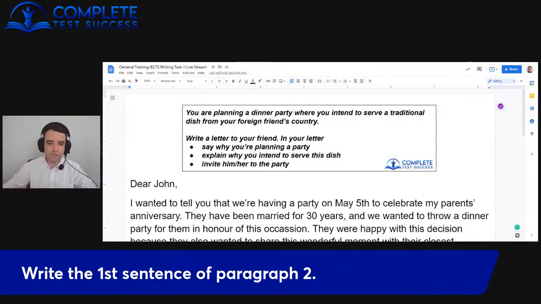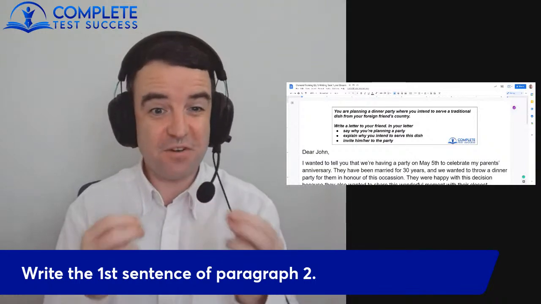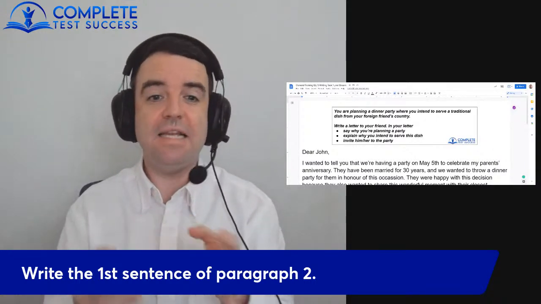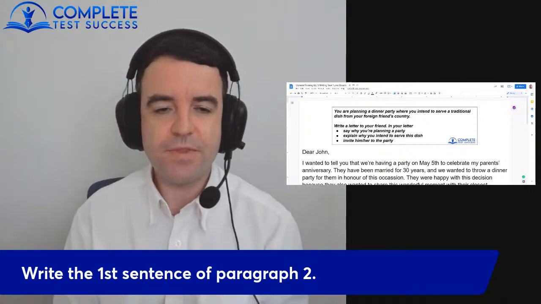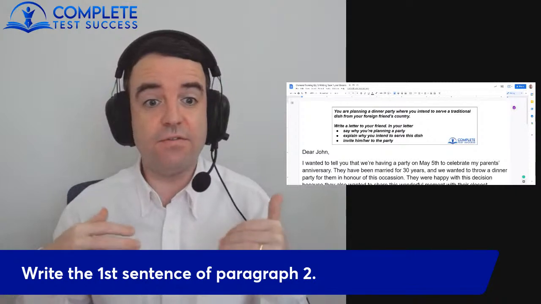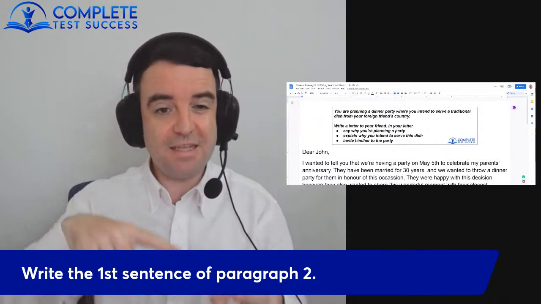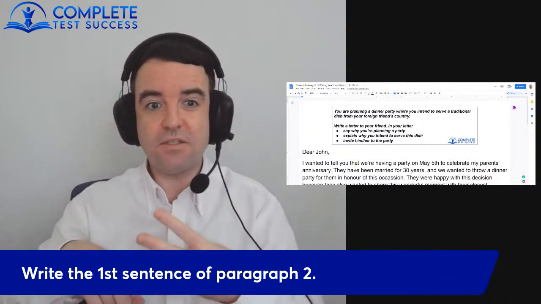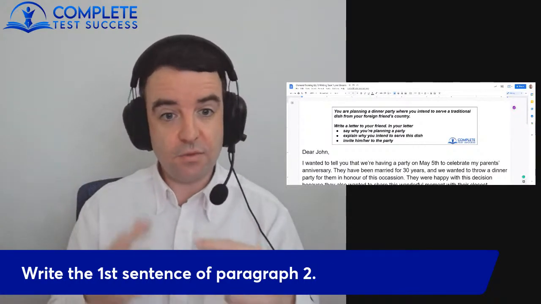So where a lot of you seem to be going wrong earlier on was you're inviting in the first sentence, and I mean, under normal circumstances, in a normal letter, that would make sense. But in the context of writing your IELTS answer, the fact that you have to invite them in paragraph 3 means it's going to be unusual, and for your coherence and cohesion, you're going to end up repeating yourself.